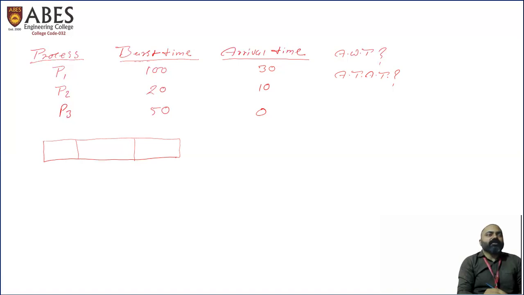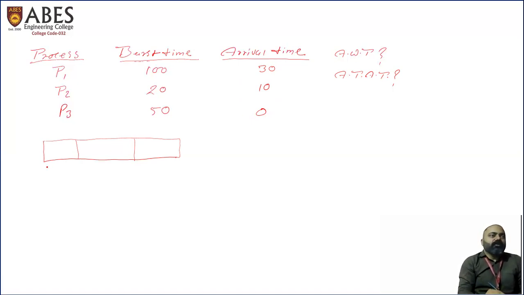So which one of P1, P2, P3 among all the three comes first? The arrival time column will provide us information on who arrived first, who arrived second, and who arrived last. According to the arrival time column, as we can see, P3 arrived first at arrival time 0.